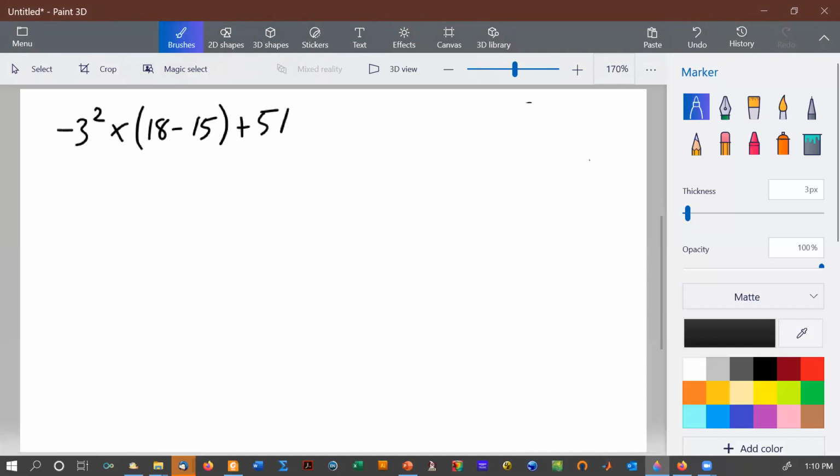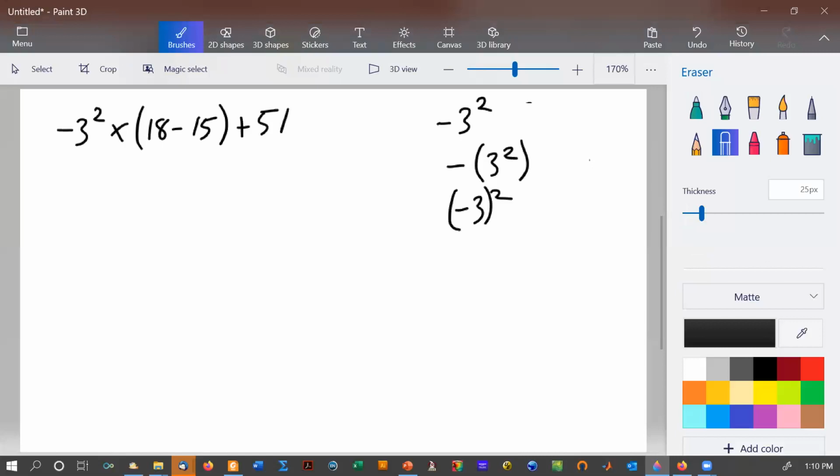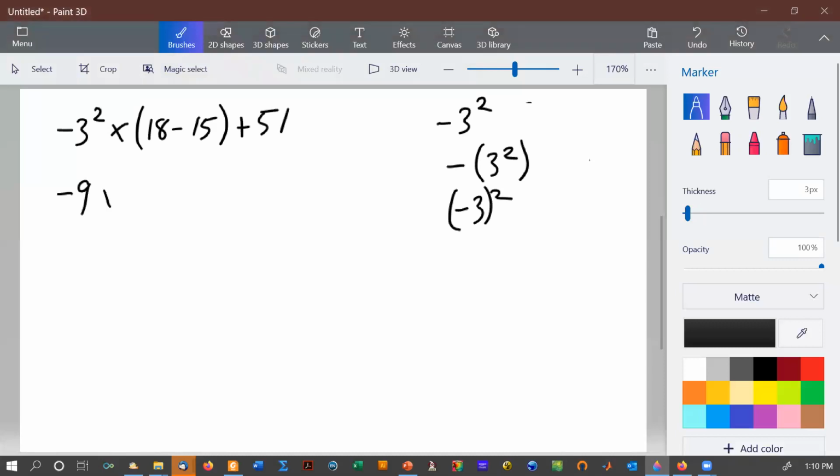Now remember, if we have minus 3 squared, this is negative 3 squared. And if we wanted to write the square of minus 3, we would put parentheses around the minus 3. Remember that from when we did this? So this is going to be equal to minus 9 times 18 minus 15 plus 51, because we do the exponentiation first.